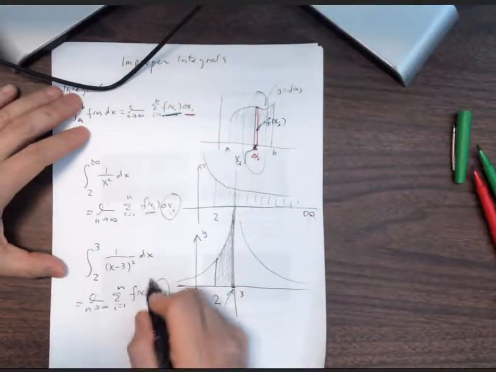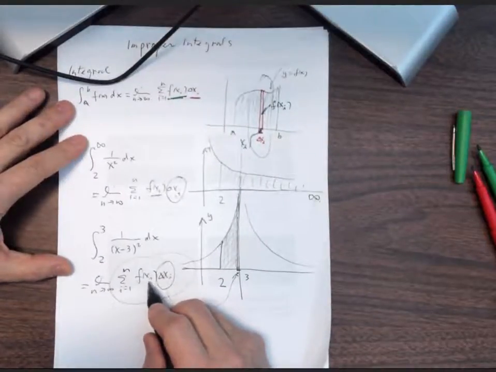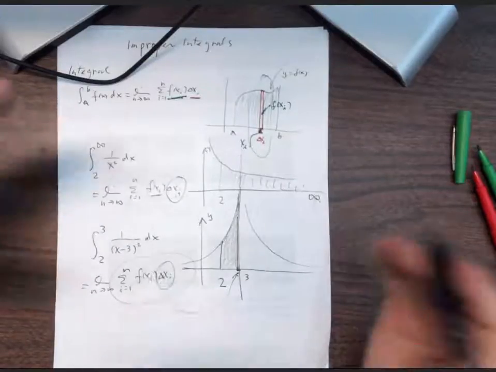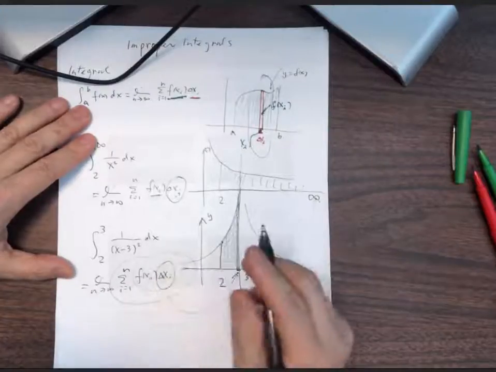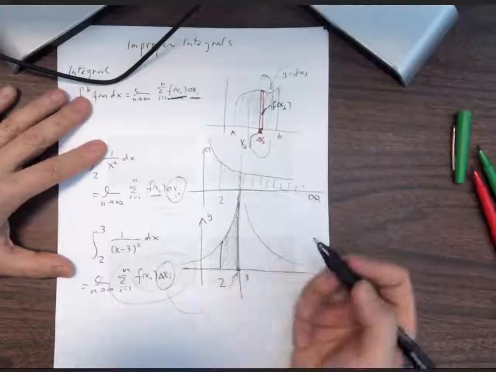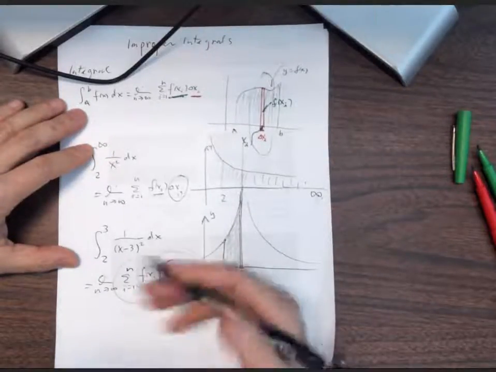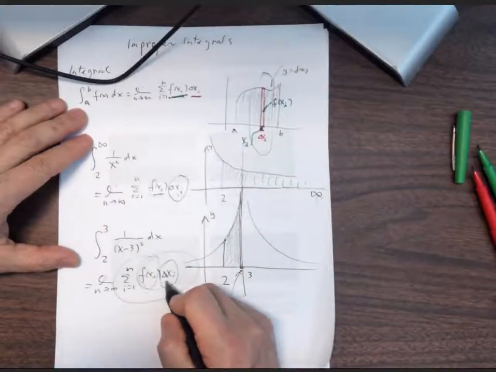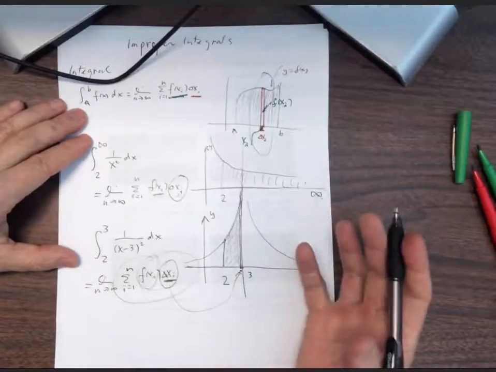So in this Riemann sum, the last product f of x sub n times delta x sub n is undefined, because it's not clear what we're going to get, because this value will approach infinity. At the same time, the width will approach 0.